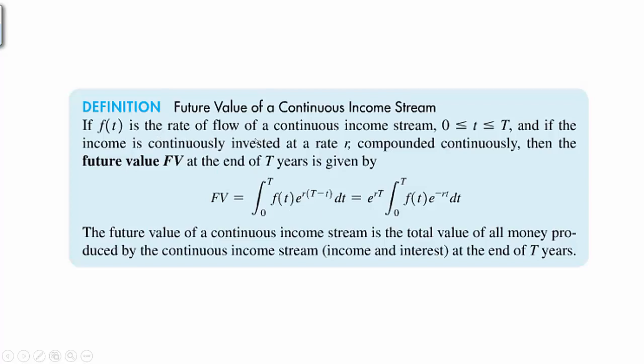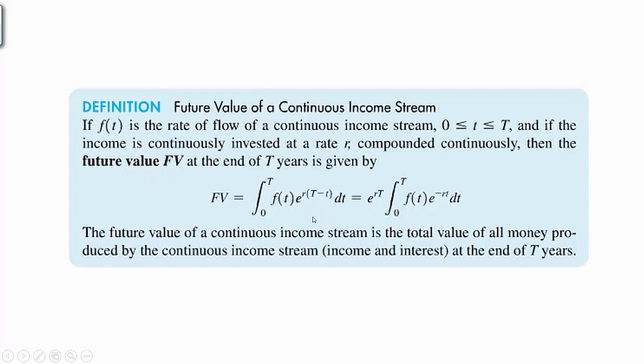If f of t is the rate of flow of a continuous income stream from 0 to however many years, and if the income stream is continuously invested at an interest rate, it's kind of a play on words, because f of t is talking about a derivative rate where this is talking about my interest rate. It's compounded continuously, then the future value is given by this formula.